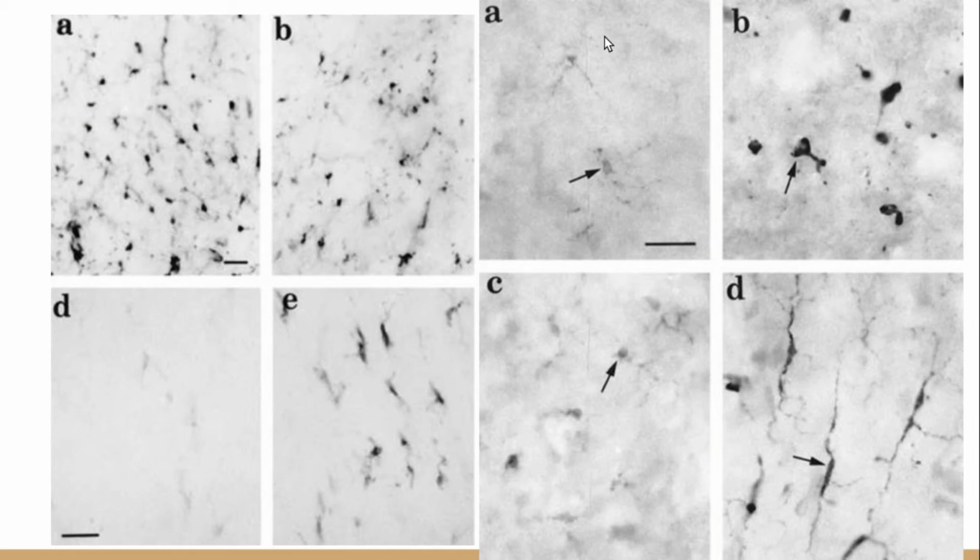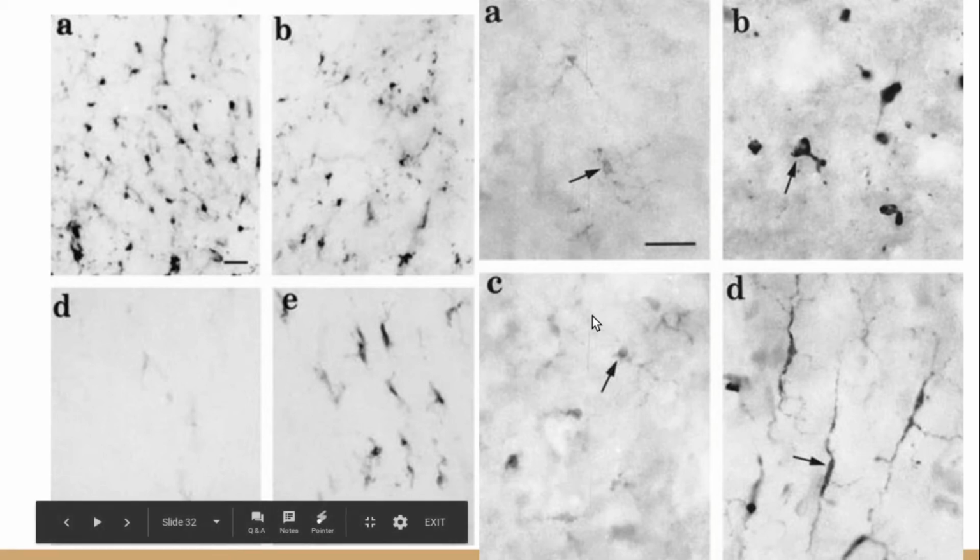So in the middle panels, panels A and C right here, these two panels are from age-matched controls.